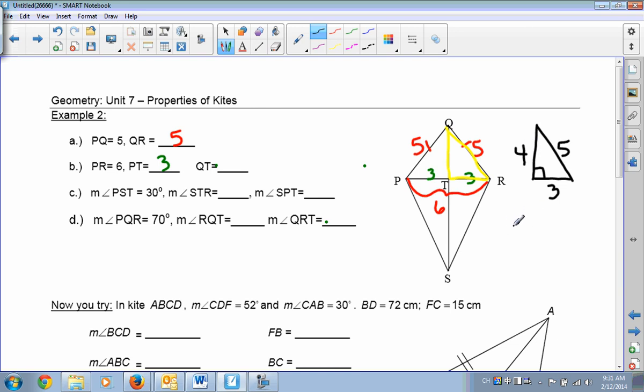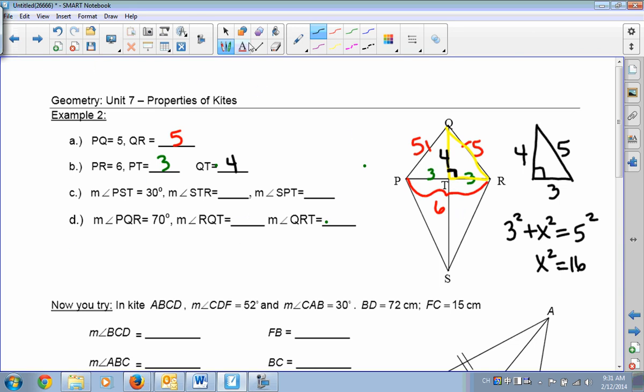You could do 3 squared plus b squared equals 5 squared, and you would get b squared equals 16. And then square root that, get you 4. So this height right here is 4. Because you know that's a right angle, right? The diagonals bisect to make a right angle. Okay.